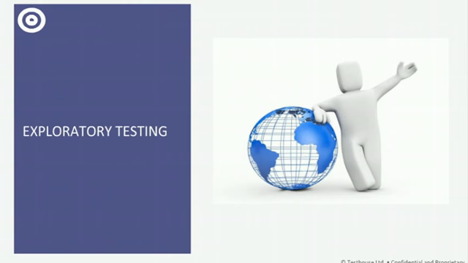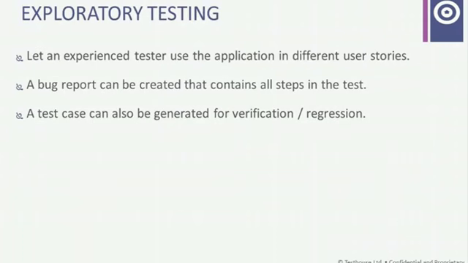Now, one thing that was stressed, and this is why I'm going to the end, was exploratory testing. This is a very powerful, different kind of testing that you can do. Instead of following a set script, a set series of tests, you can just get an expert user and get them to improvise and try and use the system as a real user would try and use it, which isn't necessarily the way that it was designed to be used.